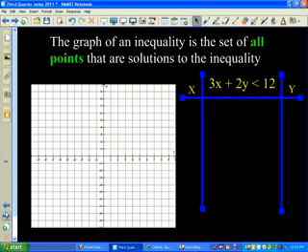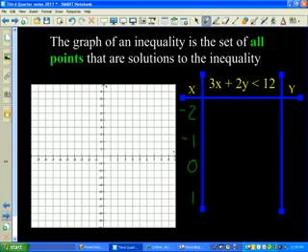And I'm going to show you how to do that momentarily. But right now, I want to see what are some of my solutions for the inequality 3x plus 2y less than 12. So if I were to pick a couple numbers, let's say -2, -1, 0, and 1.